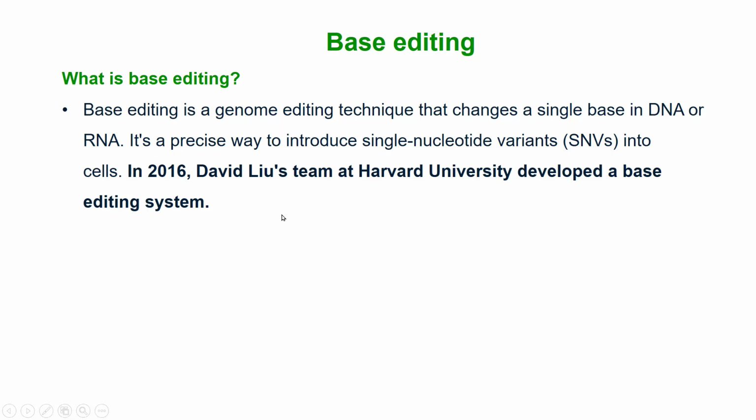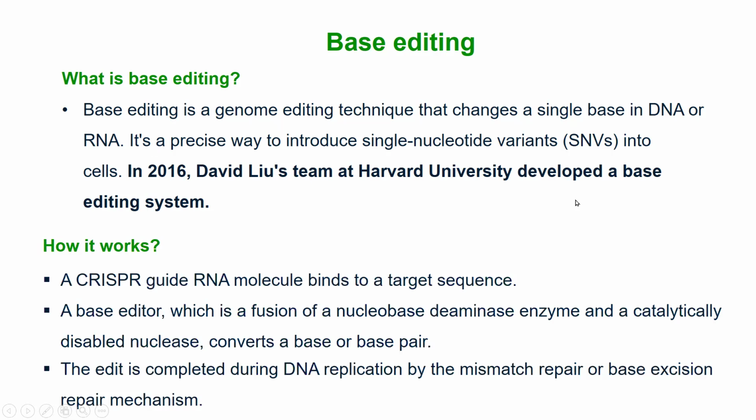In 2016, David Liu's team at Harvard University developed a base editing system. How does it work? A CRISPR guide RNA molecule binds to a target sequence. A base editor, which is a fusion of a nucleobase deaminase enzyme and a catalytically disabled nuclease, converts a base or a base pair. Now, that is quite interesting.